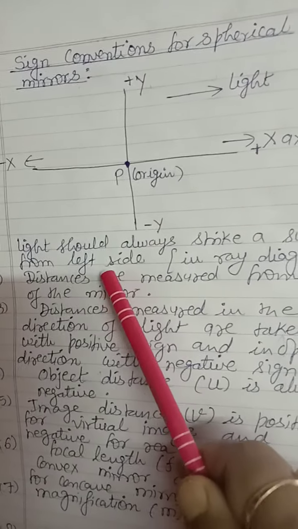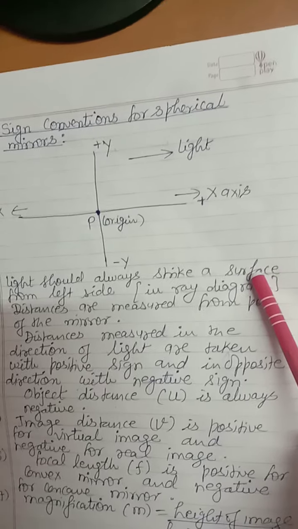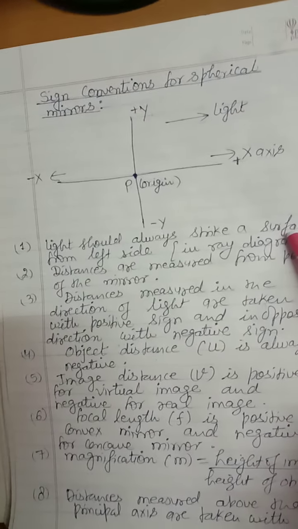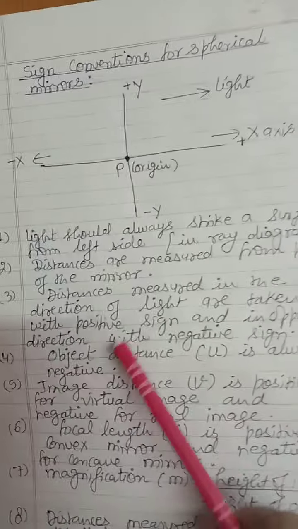Light should always strike the mirror or lens from the left side. In the ray diagrams in books, rays always strike from the left side.